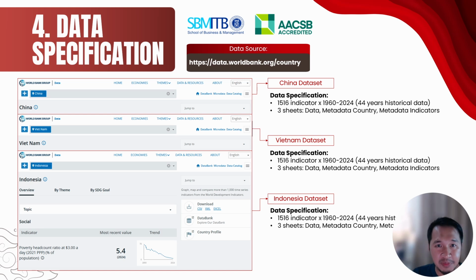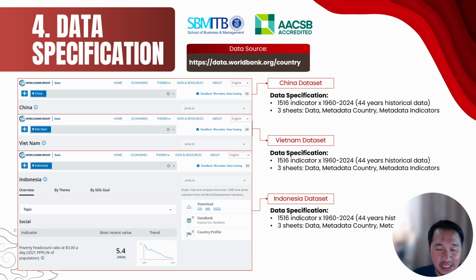Here is our data specification. We use data from data.worldbank.org/country, which means we extract 3 datasets from 3 different countries: China, Vietnam, and Indonesia itself. Each dataset has 16 indicators and 3 sheets. The first sheet is data, the second sheet is metadata country, and the third sheet is metadata indicators.